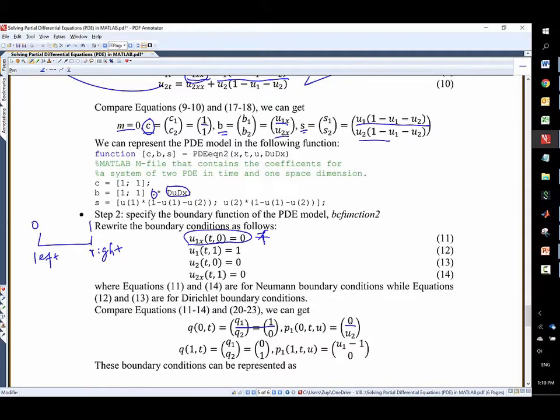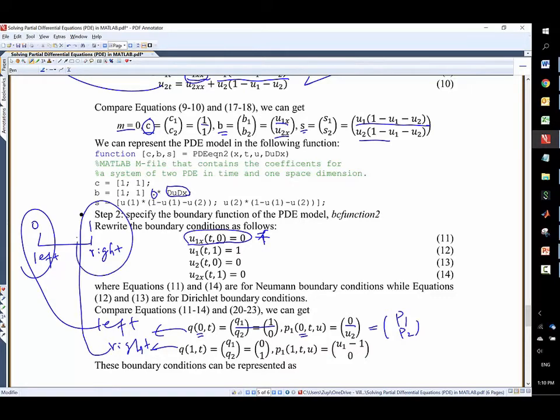P1 for the left hand side: q1 equal to 1, and p actually was a vector, so you get p1 here, p2 here. 0 means the left, and this one is the right. Left means s equals 0, right means x equal to 1.